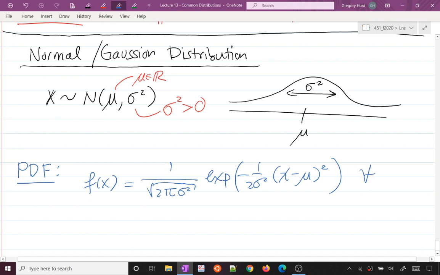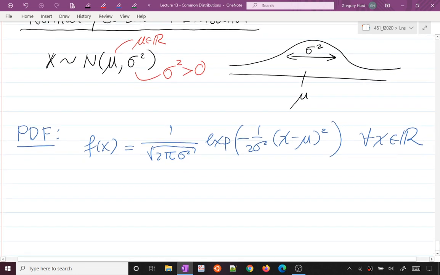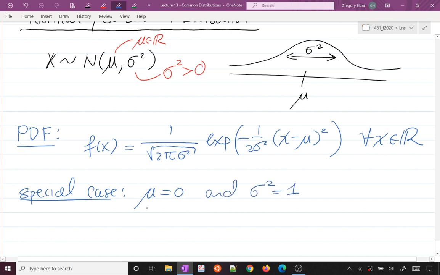And this is for any possible number x. That's the PDF. That's just a brute fact. And we had a special case: if the mean is 0 and the variance is 1, this is called the standard normal.